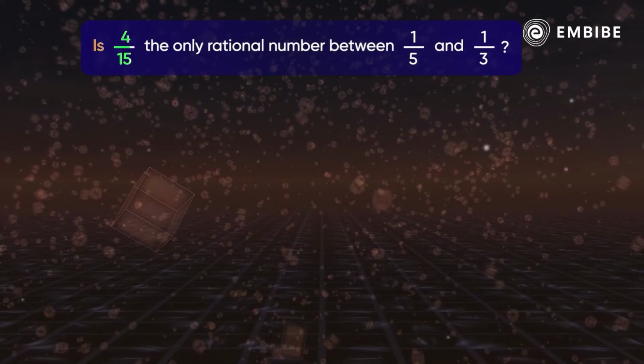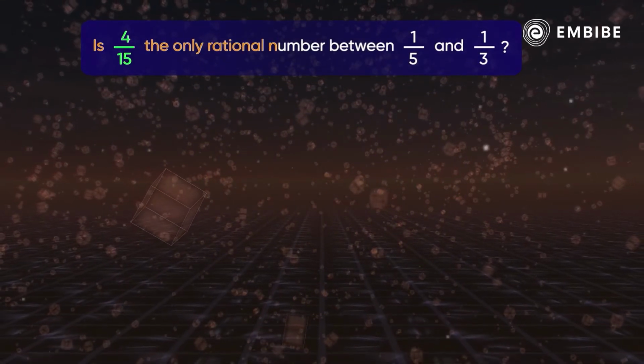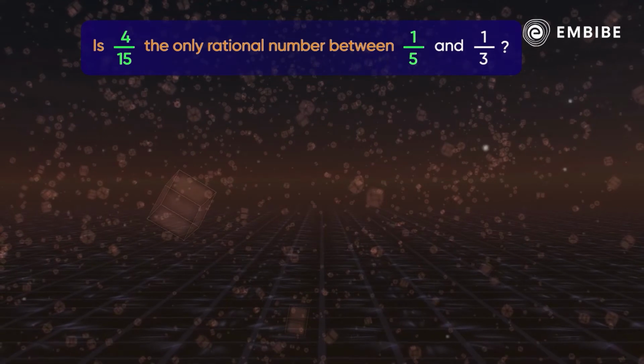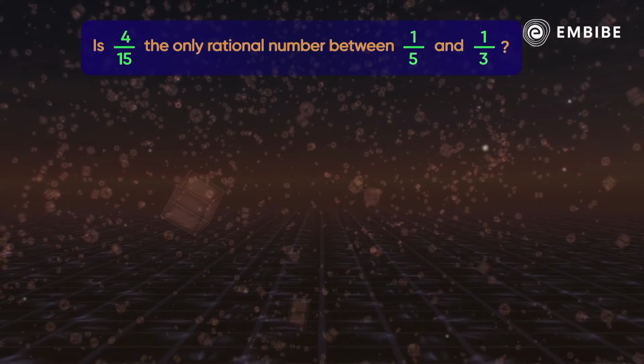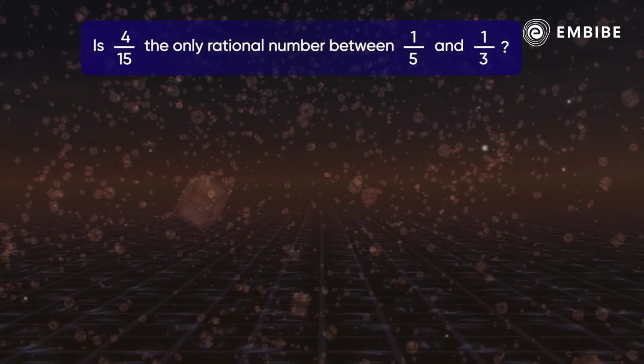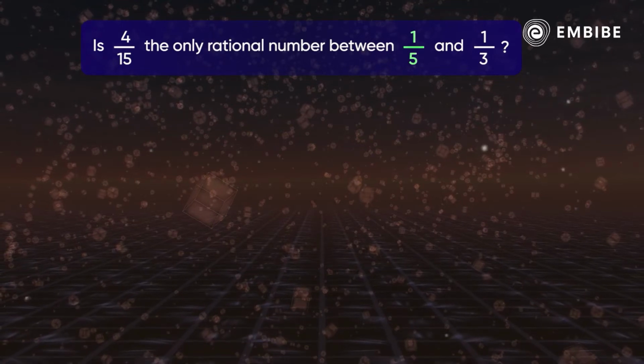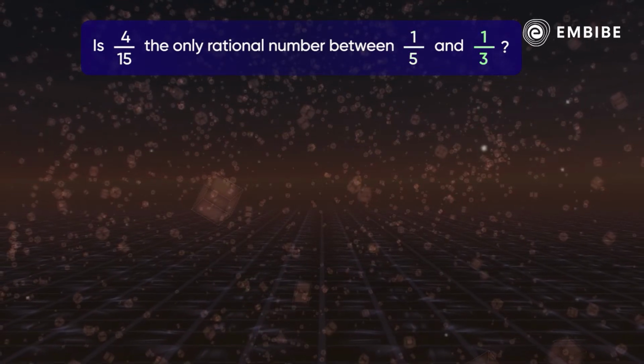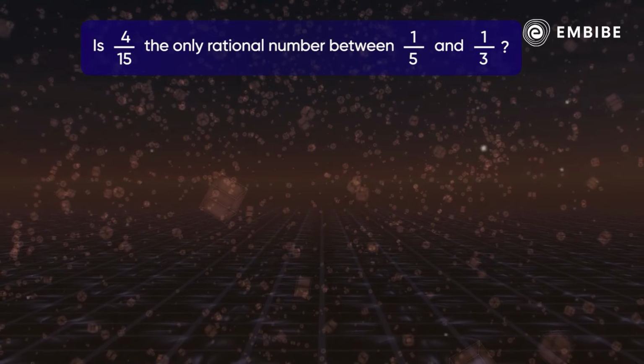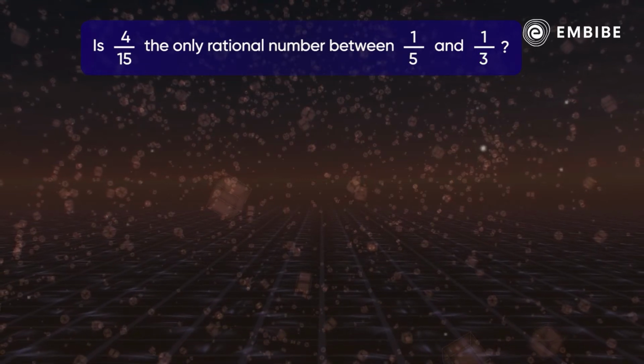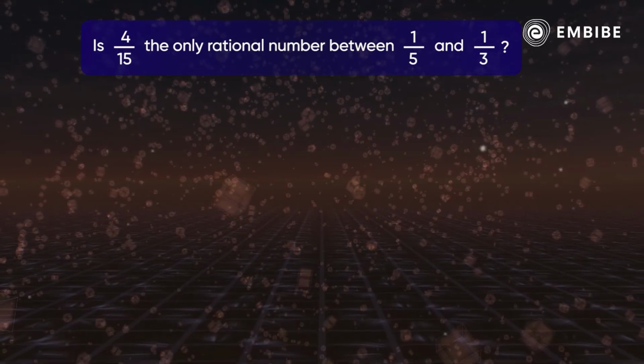Now, is 4 by 15 the only rational number between 1 by 5 and 1 by 3? What if we could write the 2 given fractions 1 by 5 and 1 by 3 with a common denominator other than the least common multiple of the 2 denominators?